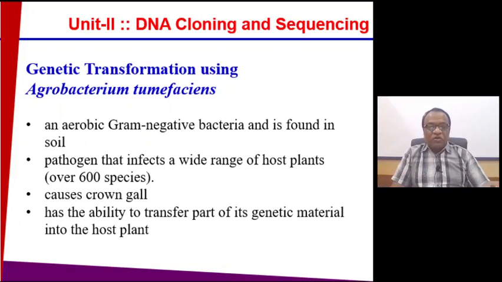So we have Agrobacterium tumefaciens, which infects a wide range of host plants, over 600 species, and there are several related species.